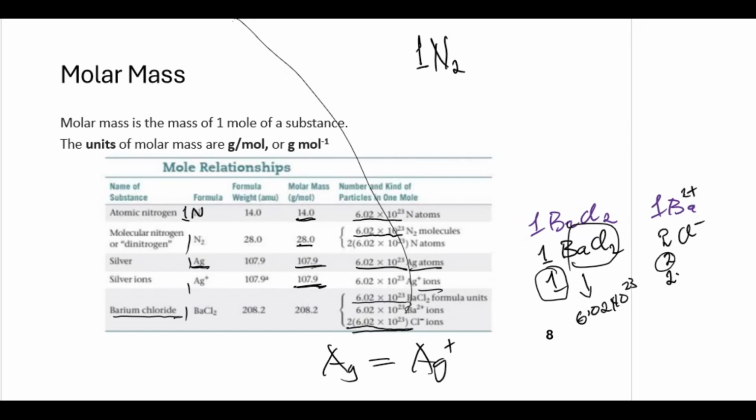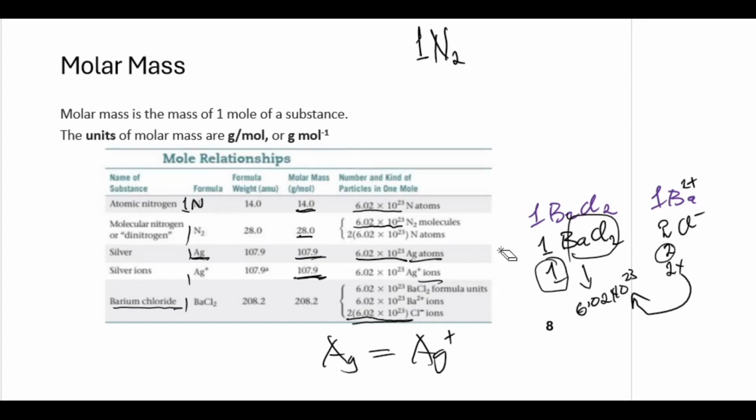It's going to be 2 times this number. So that is why it is multiplied by 2 here. That is how we relate the number of moles, the molar mass, and the Avogadro's number. So we're going to see the calculation as we go. I will go further into the calculation now.